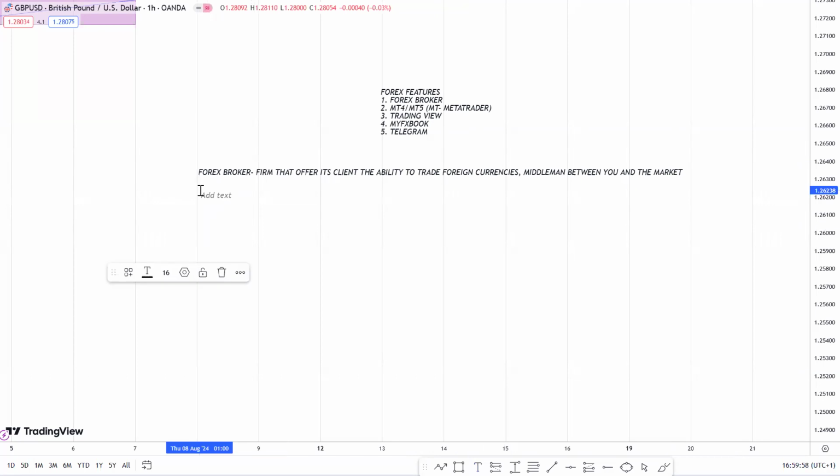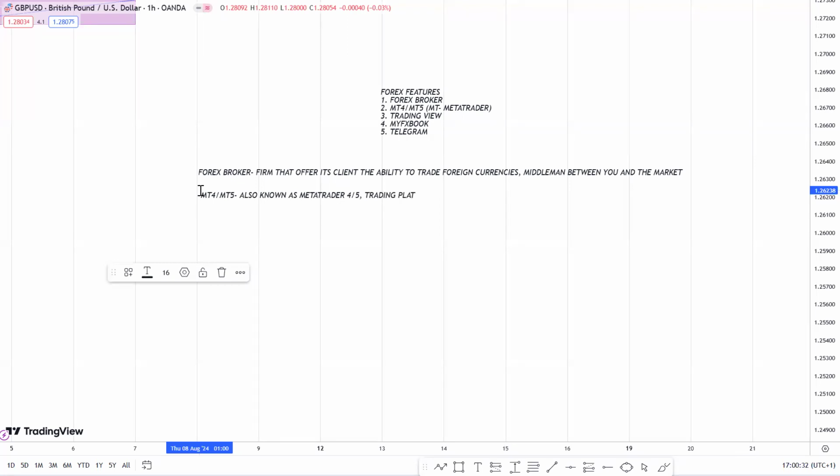So now we have MT4 or MT5, MetaTrader 4 or 5. That's what that's all about. MetaTrader 4 or 5 are electronic trading platforms.